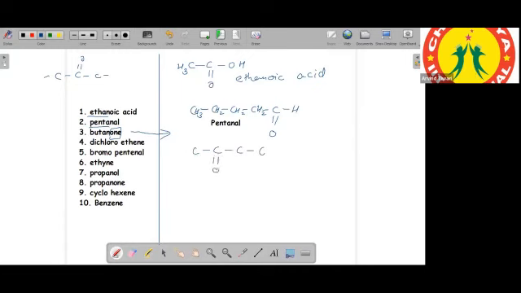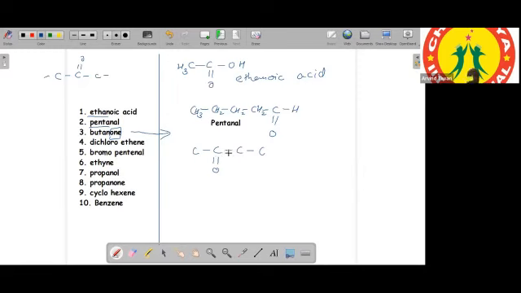So let's make this over here. Once we make the double bond O with the carbon, you can see the valency of this carbon is satisfied. It has made four bonds: one, two, three, and four. A carbon can make at most four bonds only.